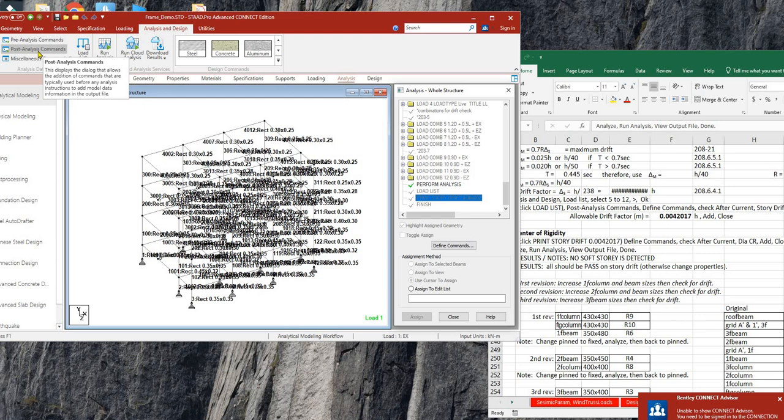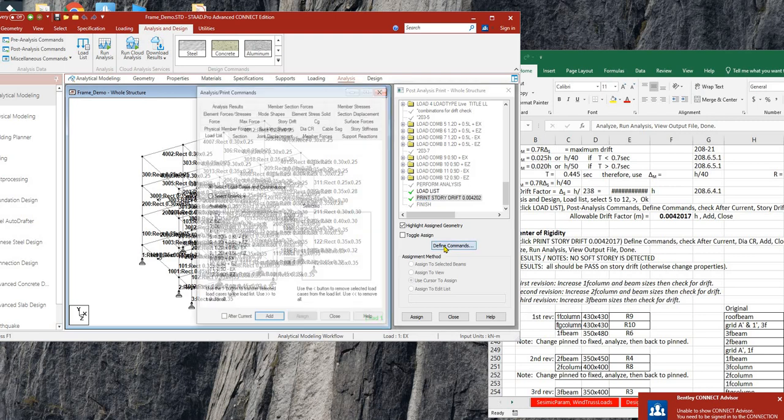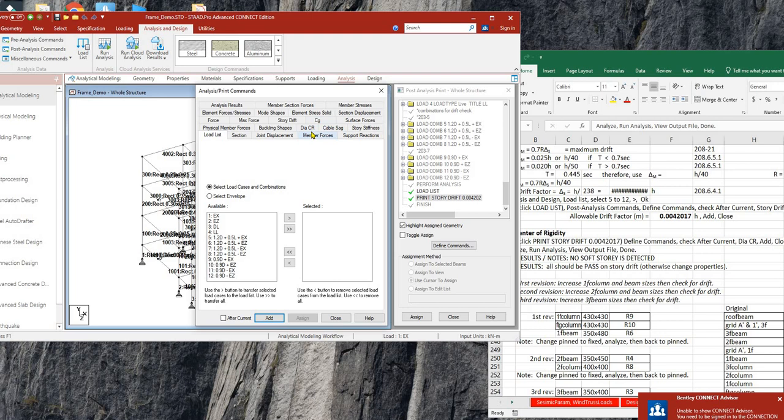Ayan, ito pala yun. And then, you click define commands. Sorry. Click mo ulit si print story drift. Pero nandito na tayo sa post analysis. Then, you click define commands. Diyan nalalabas ngayon yung diaphragm center of rigidity.